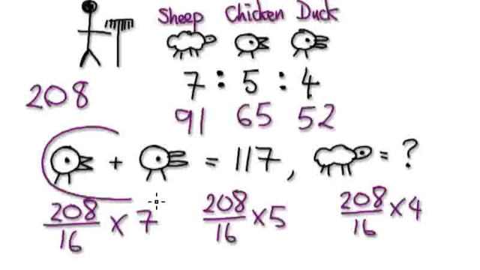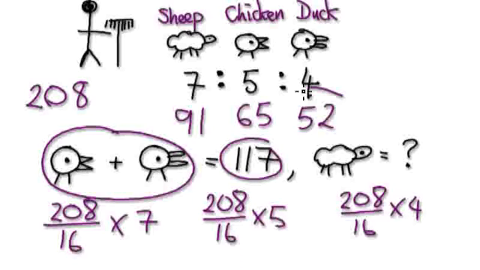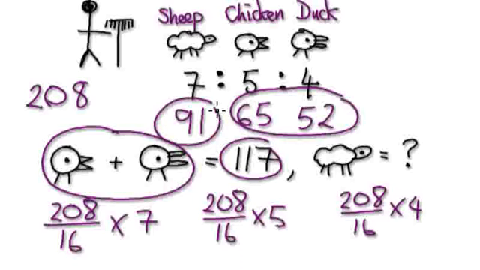Remember, originally we said the number of ducks plus chickens comes to 117. If you add these two, it comes to 117. And here you must have 91 sheep. So 91 is our answer here.